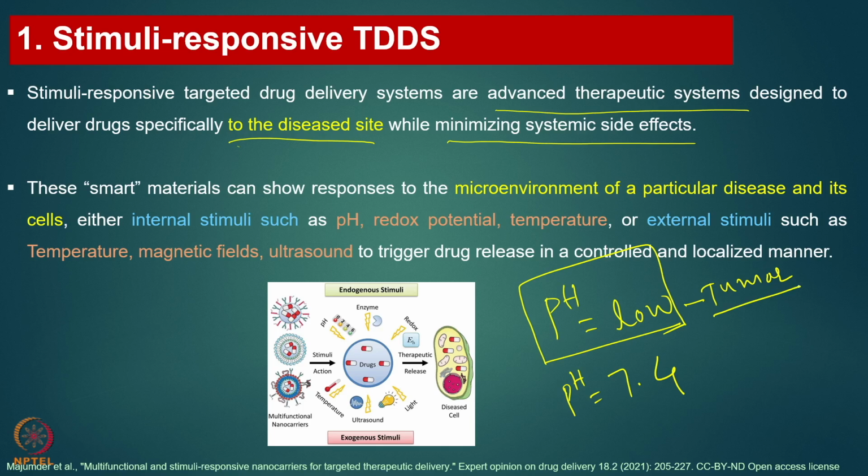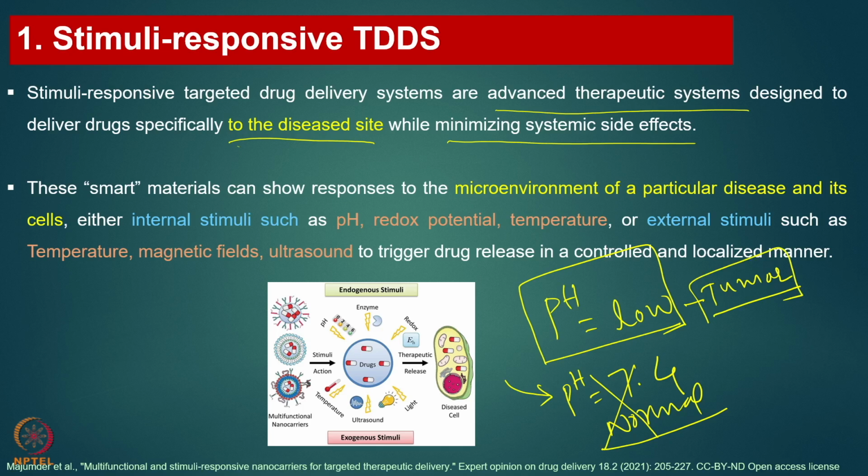Based on the conditions presented in the disease state, we will target our delivery systems, which are called stimuli responsive targeted drug delivery systems. With that, your formulation will not attack normal cells; instead, it will specifically target the tumor cells.